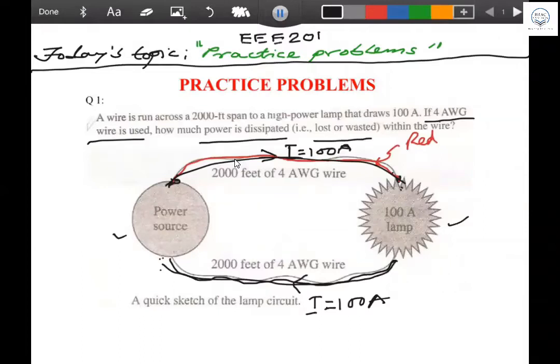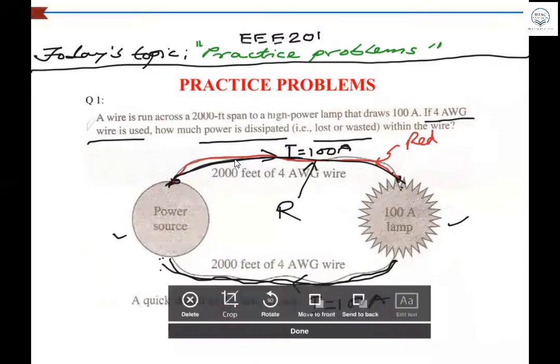Now in the copper line, the 2000 feet long conductor has resistance, and we can say that this resistance is R. Is this resistance a lumped resistance or a distributed resistance?